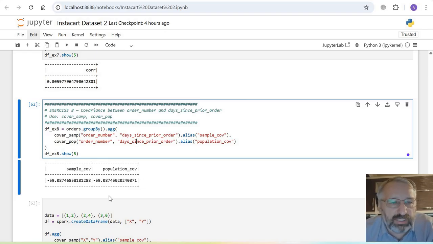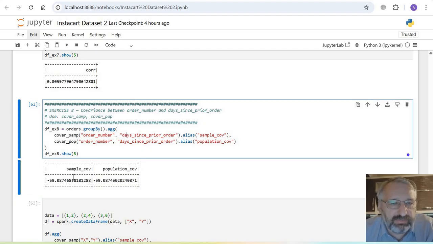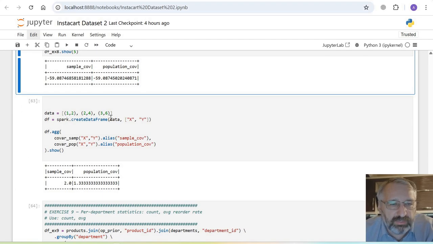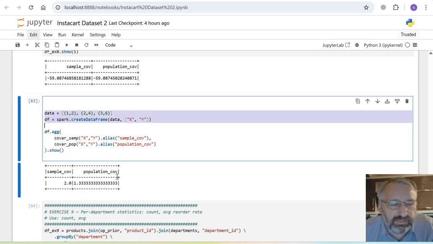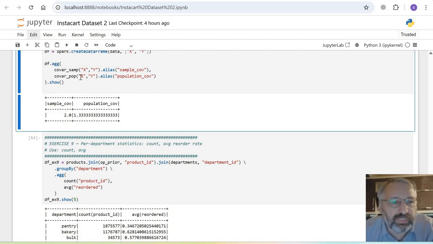So we can calculate covariance between two values, and it's again the same thing, divided by n minus 1 or divided by n, and here are the values. This is some kind of test on test data for covariance, to demonstrate that the difference might be pretty significant on small amounts.